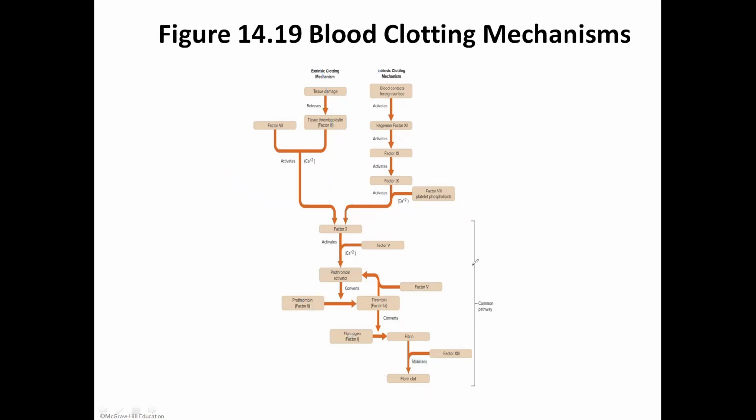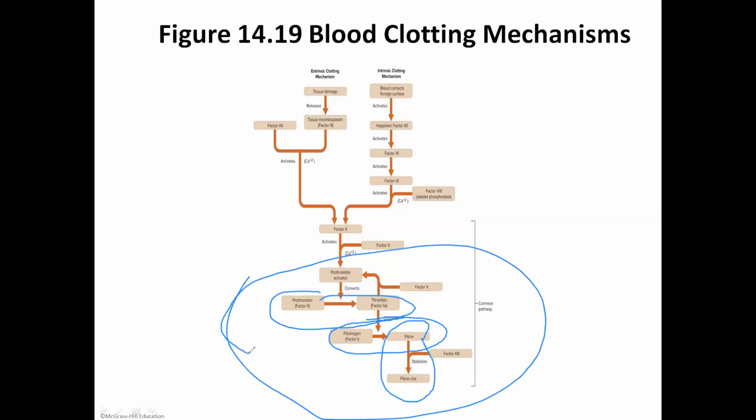So I'm not going to ask you the crazy detail behind it, but I do want you to know that prothrombin converts to thrombin, and then thrombin converts fibrinogen to fibrin, which then overall makes the fibrin clot. So I kind of want you to know this last little component to it. That's what I'll ask you. Versus extrinsic and intrinsic, I won't ask you the detail for that at this point in time.